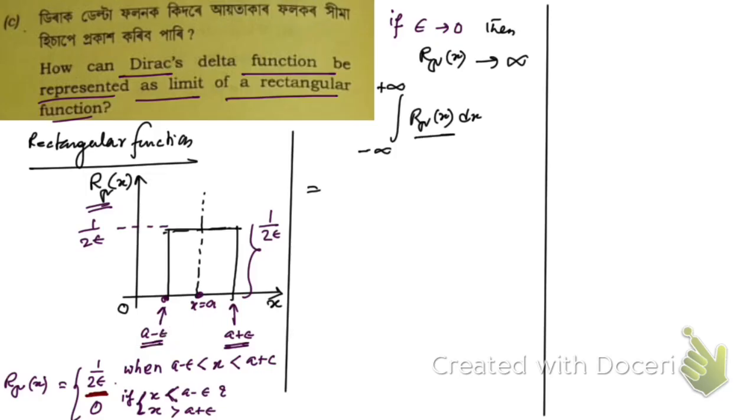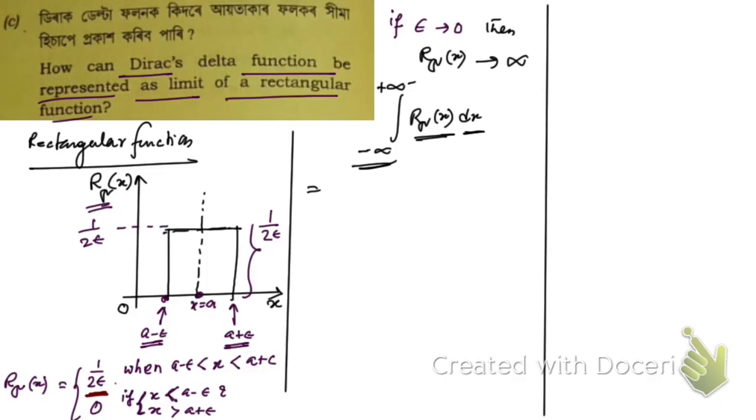This integration gives the area below the curve, right? When you integrate it from minus infinity to plus infinity, then what are you going to have? Let me show you.